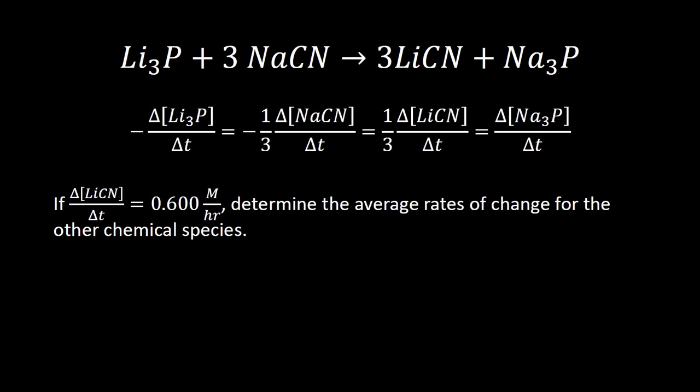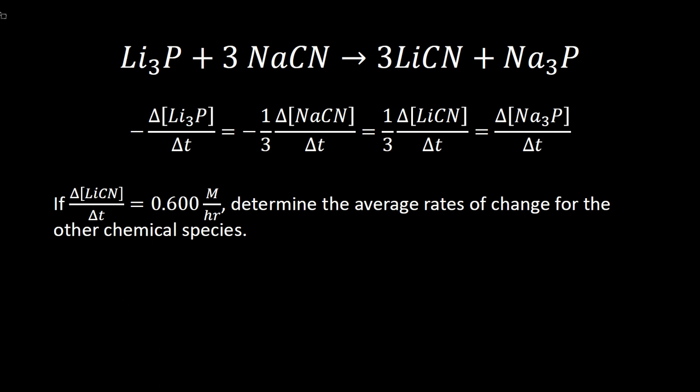Negative change in lithium phosphide equals -1/3 times the rate of change of sodium cyanide equals 1/3 times the rate of change of lithium cyanide equals 1 times the rate of change of sodium phosphide.